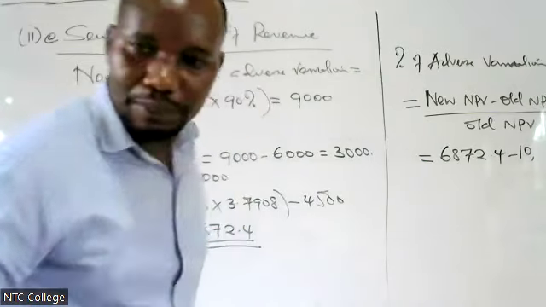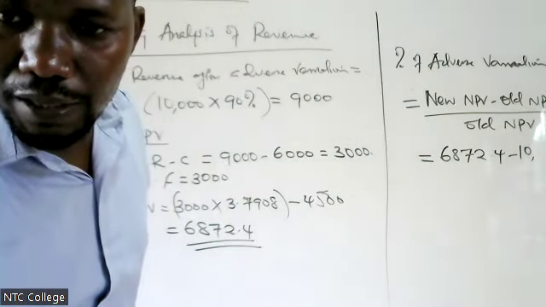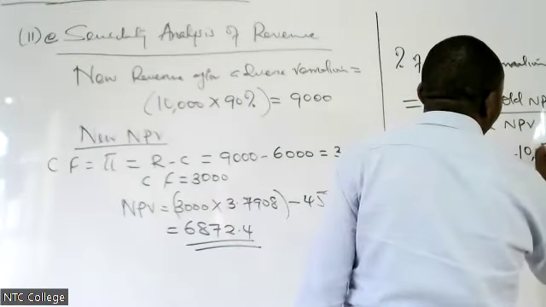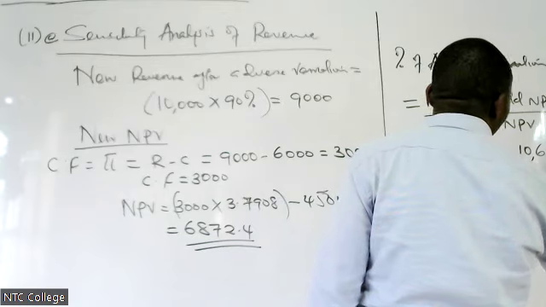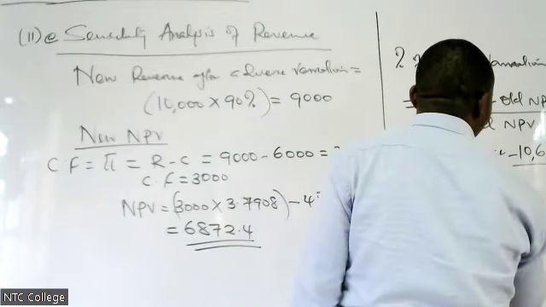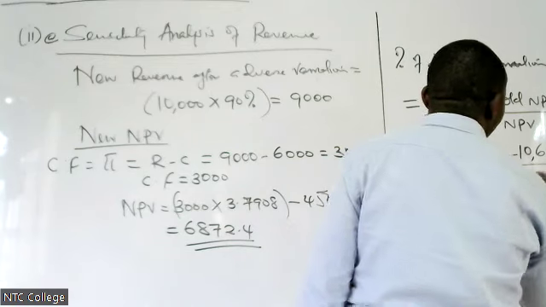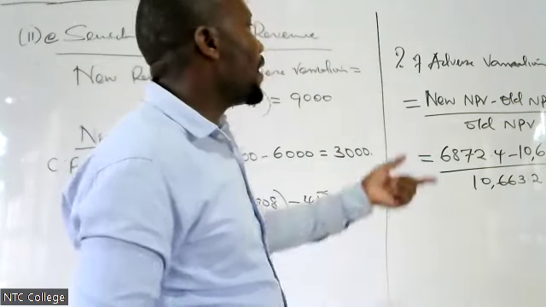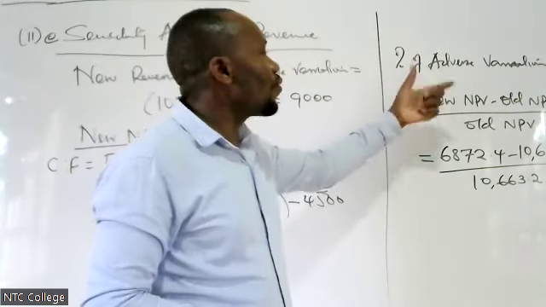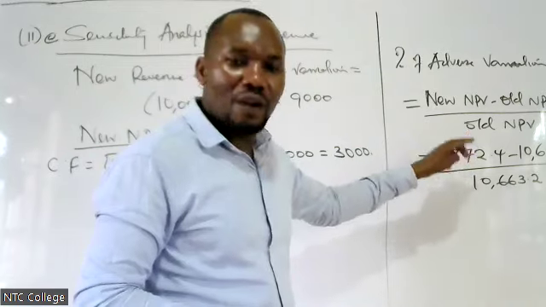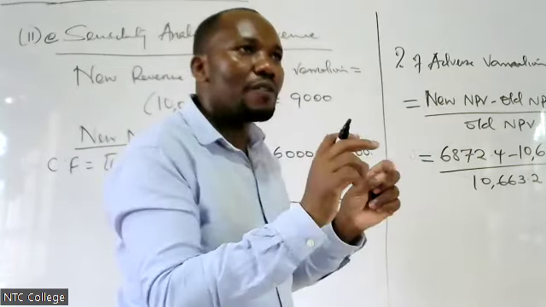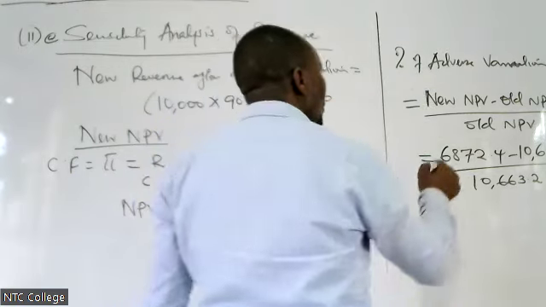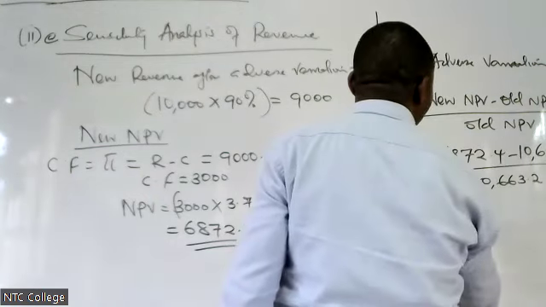Because you have mentioned that it is adverse, you don't need to show negative again. The word adverse is already taking care of variation of NPV to the negative side. So get the percentage without showing the sign.